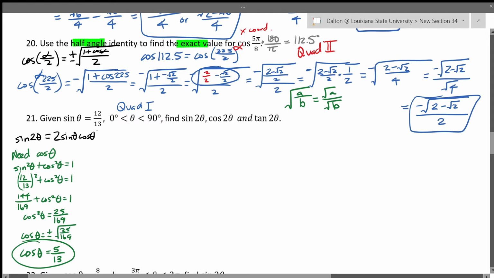If I substitute, that's going to be 2 times sine theta is 12 over 13, cosine theta I just found was 5 over 13. And then if I multiply these three numbers together, I get my answer for the double angle. Sine of 2 theta is equal to 120 over 169.